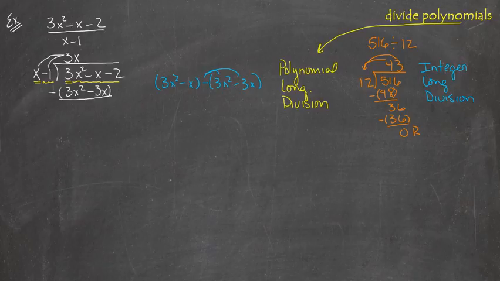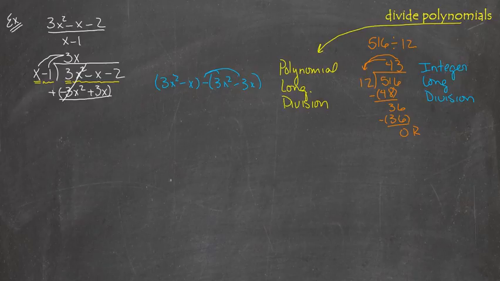This minus tells me to change all the signs inside. So I turn this one into a minus, and this one into a plus, and now I can add them, which is exactly what we did when we subtracted polynomials before. So now that I can add them, 3x squared plus negative 3x squared cancels. And because these are always going to be the same number, this first term should always cancel.